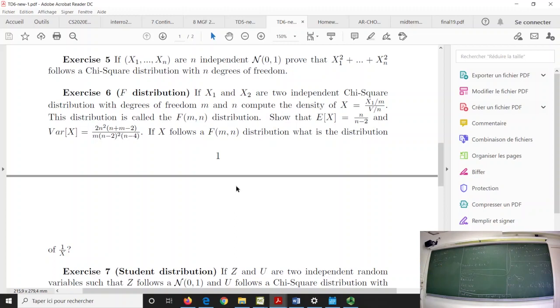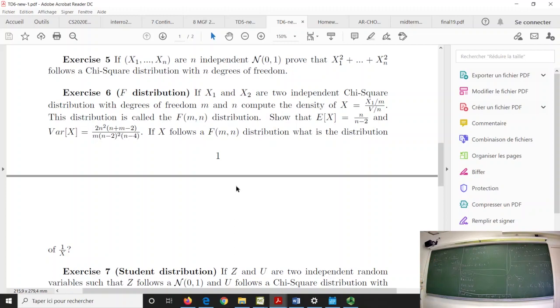I know the distribution of this one too: it's the square of an N(0,1), so it's a chi-square of parameter 1. So here I have a gamma n over 2, 1/2, and here I have a gamma 1/2, 1/2.